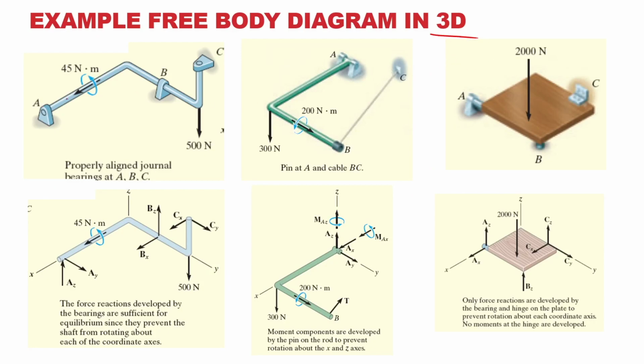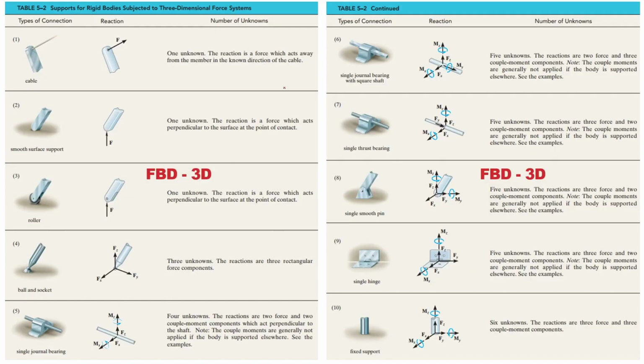And for 3D also, the method is almost the same. The only thing is you have an extra axis. So for example, here you've got moment in X, moment in Z. So there are two axes to solve. This is the free body diagram for 3D.